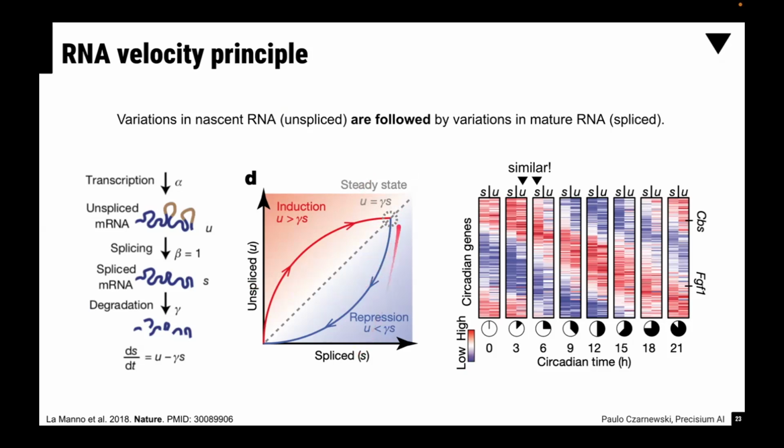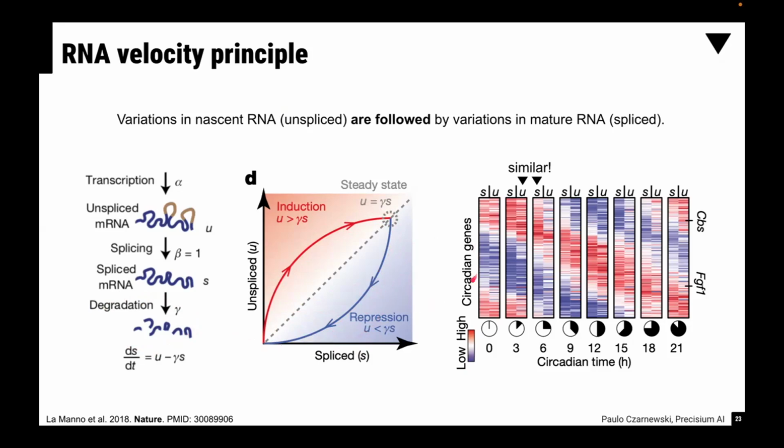The amount of spliced is still high, but it's slowly decreasing because the mature RNA is now being degraded. And then this cell basically goes back to not producing interferon gamma anymore. And this is what you'll see in many velocity graphs. Basically, it is this concept of induction and regression of mRNA production in a cell.